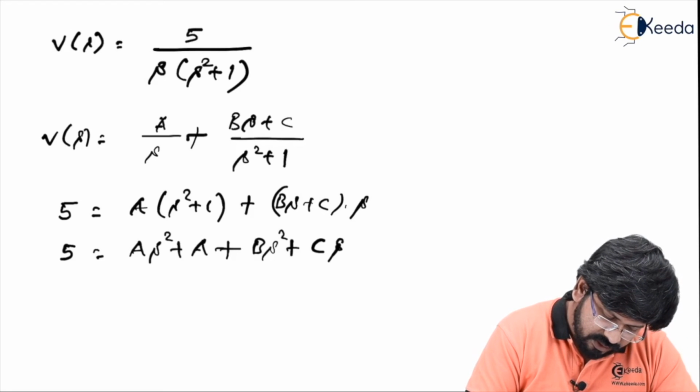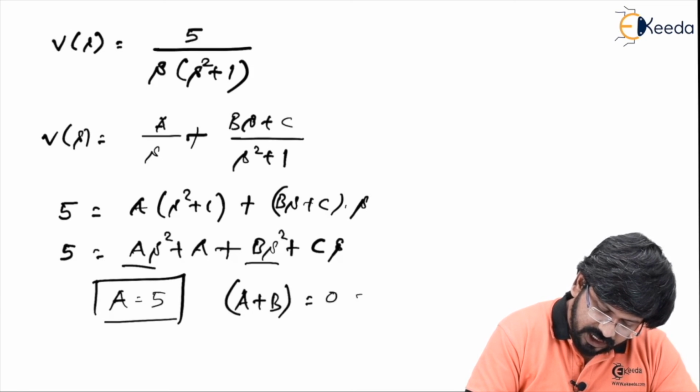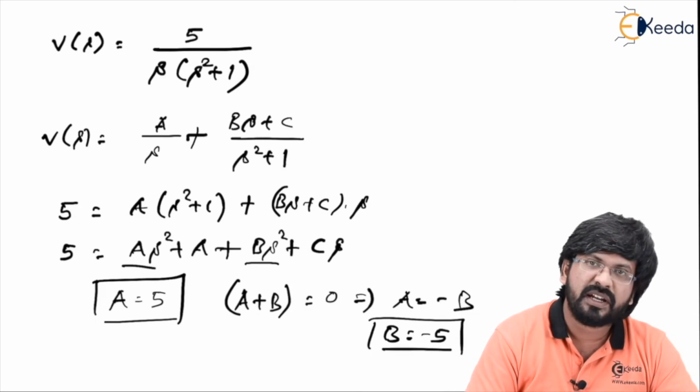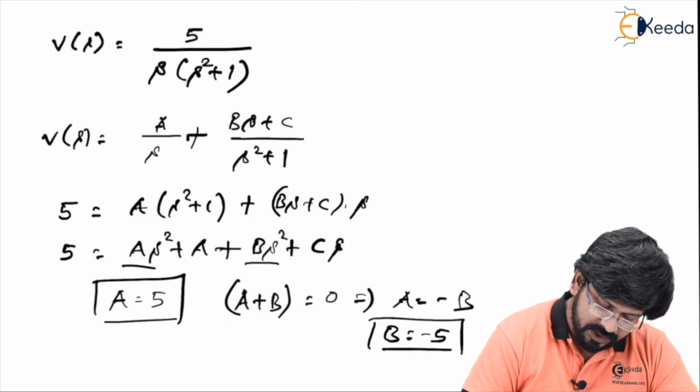So by comparison, you will see A equal to 5, as well as the s square coefficient A plus B equal to 0, or I can say A equal to minus B. So B becomes minus 5. So the values of A and B are known to us. The value of C has become 0.